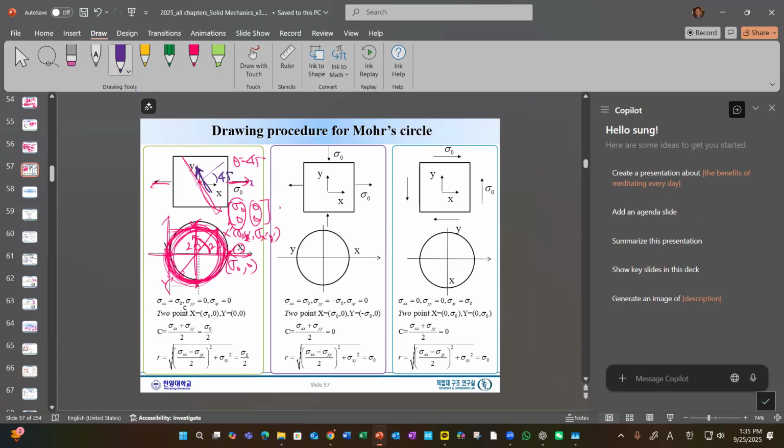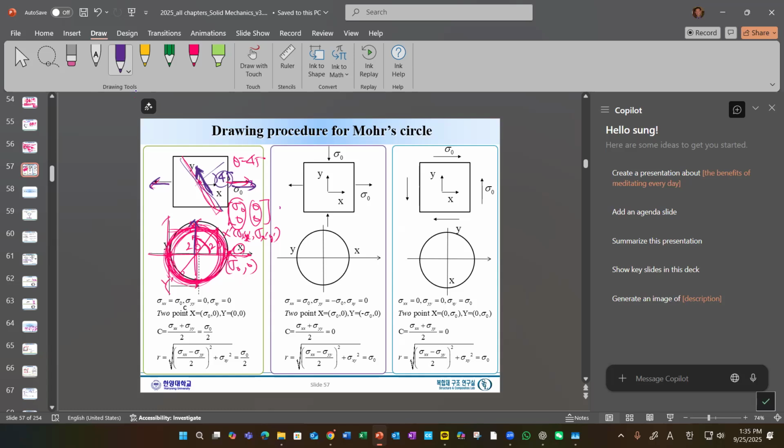Oh, this is a very important observation. Again, when we have a tension, the maximum shear stress will occur at a 45 degree surface. And how big is this one? It is this much.